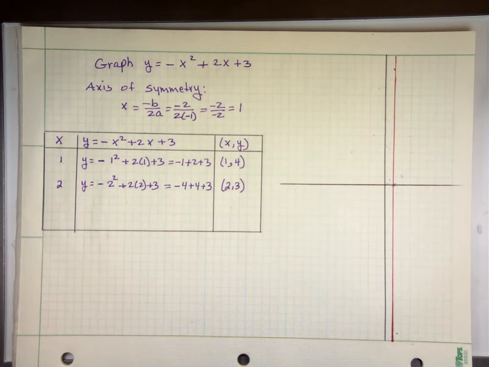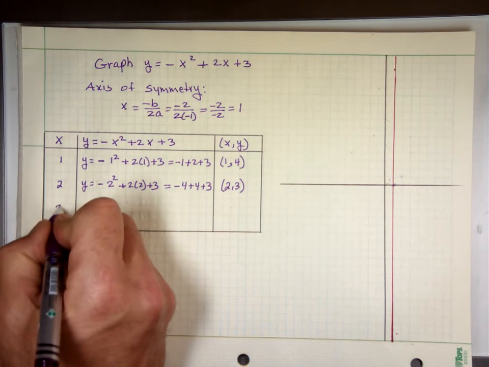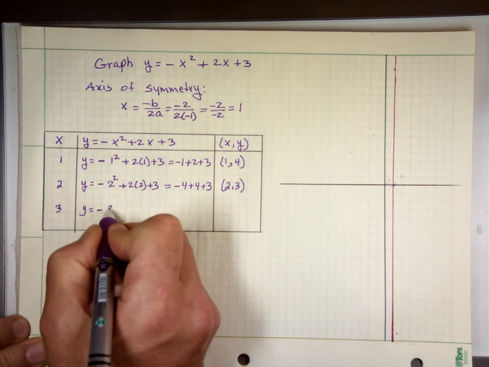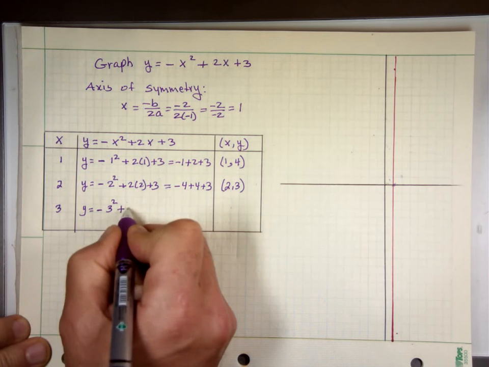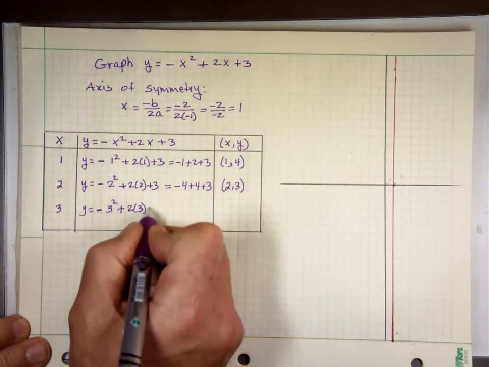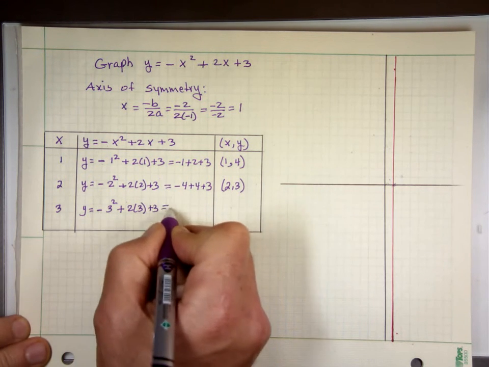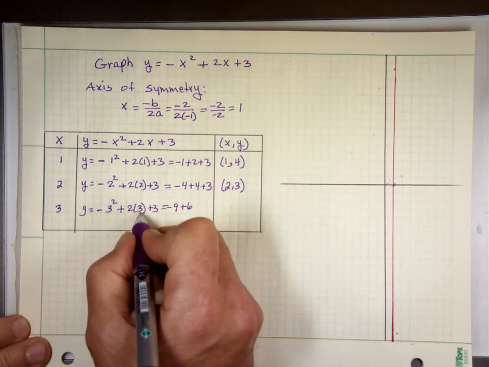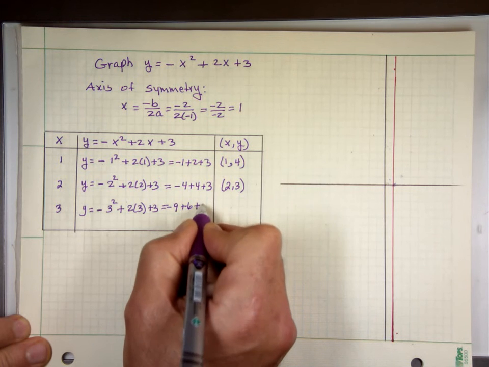Let me try the 3 here. Minus 3 squared plus 2 times 3 plus 3. Negative 9 plus 6 plus 3. That's a 0.